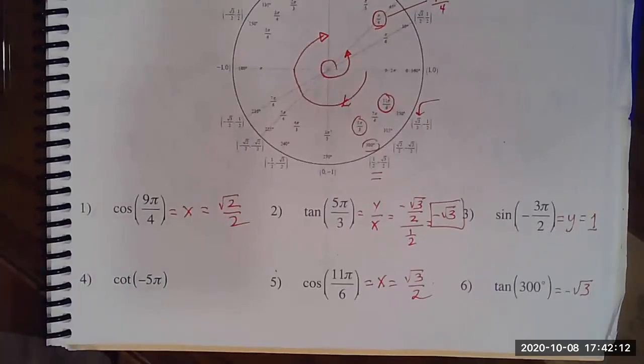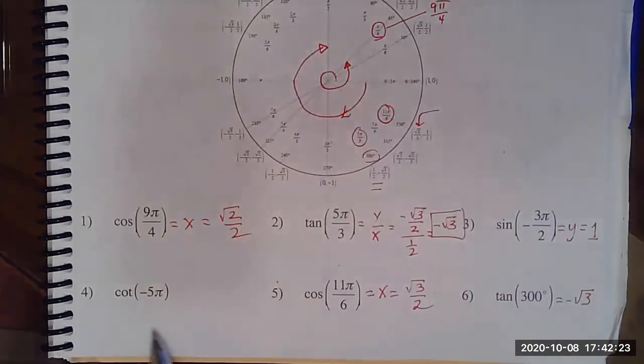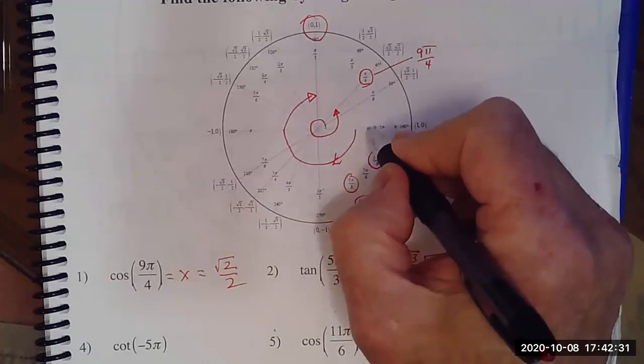And now finally, I'm looking at the cotangent. Negative 5 pi, again, that's going to go clockwise. So I'm going to go this direction. I've got to see where I stop at negative 5 of those pi's. It's going to get messy. Here we go.